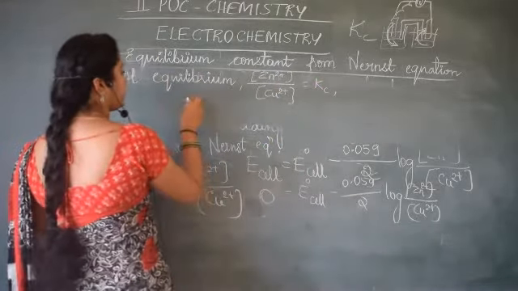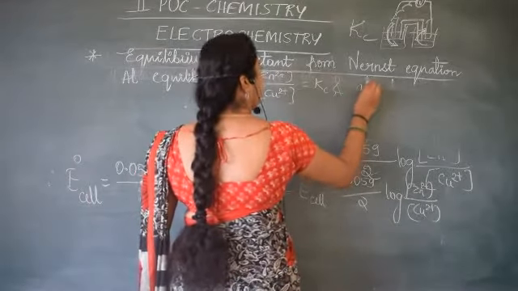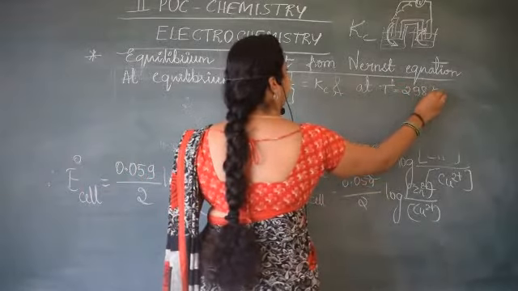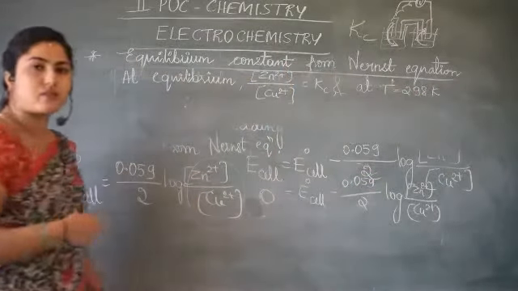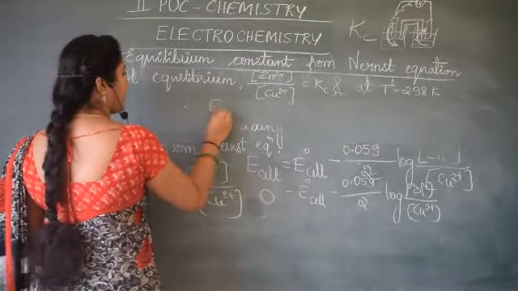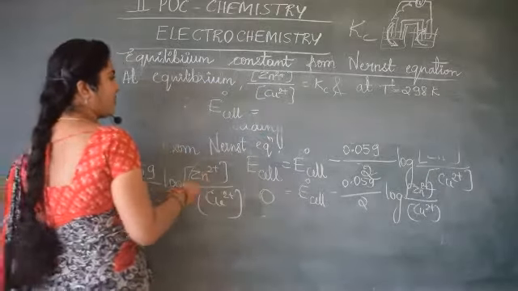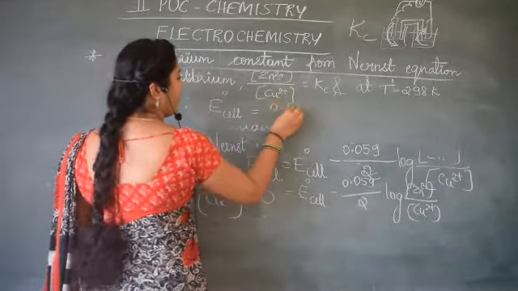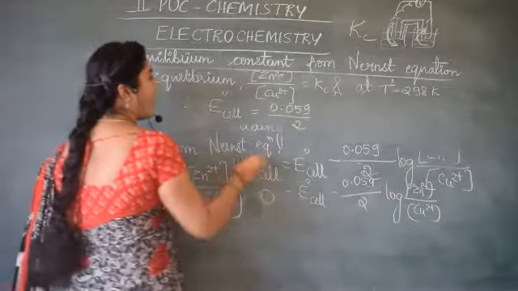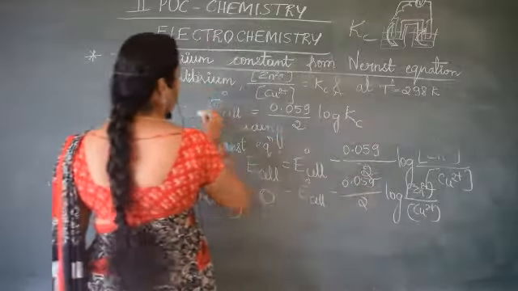Therefore, at T equal to 298 Kelvin, that is when the temperature is 298 Kelvin, we get the expression as E naught of cell is equal to, now we are substituting, 0.059 by 2 log Kc.